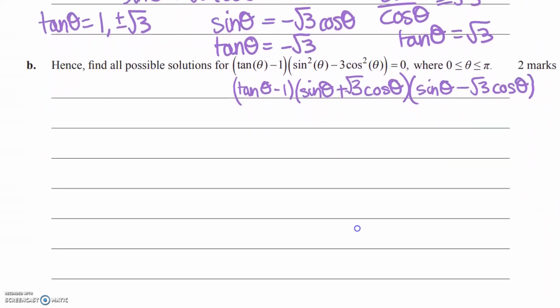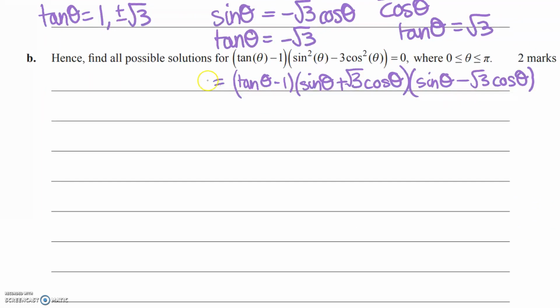So bearing that in mind, it should make the question a little bit easier, because we've just got to find when does tan theta equal 1, root 3, or negative root 3 between 0 and pi. So, well, tan theta is equal to 1.